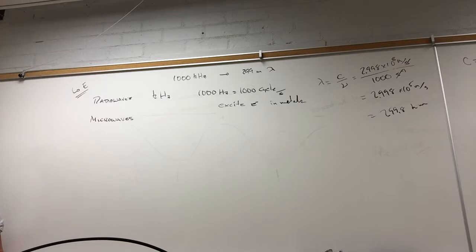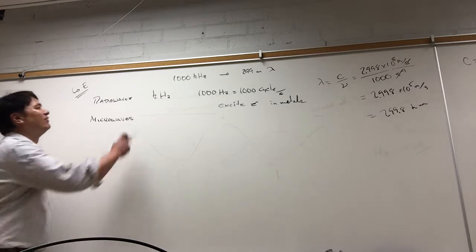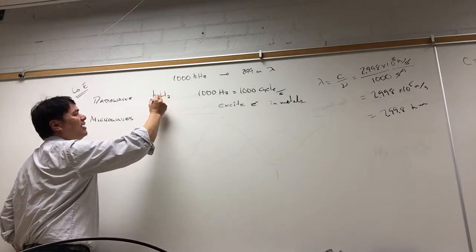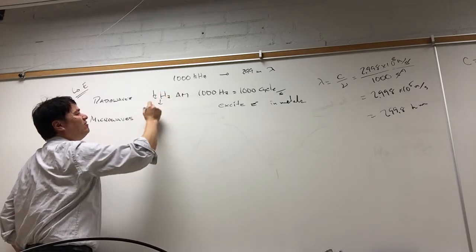What about microwaves? What are microwaves at? Well, 1,000 kilohertz is also known as a megahertz. Actually, for radio waves, AM is kilohertz, FM is megahertz.